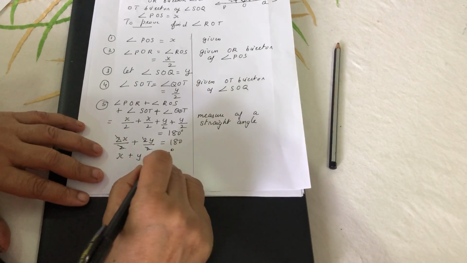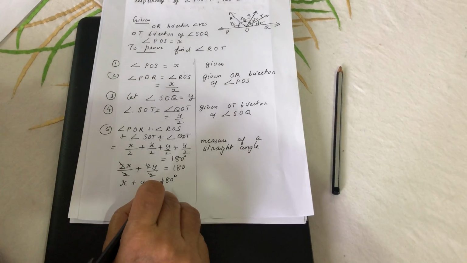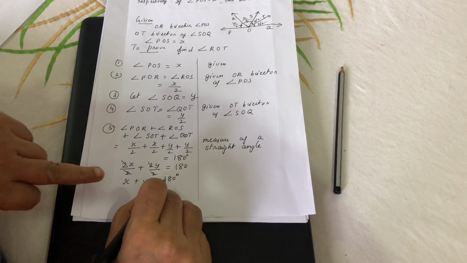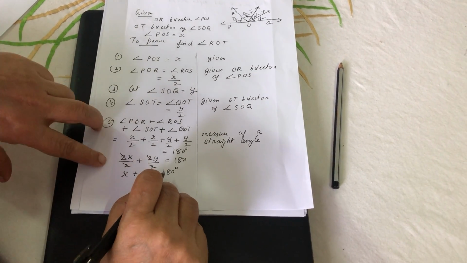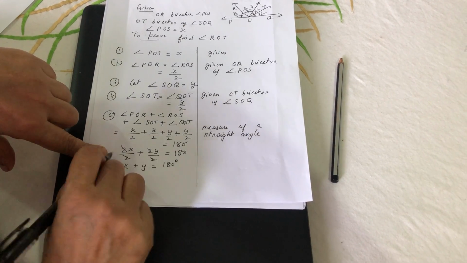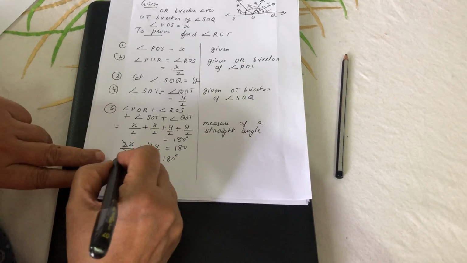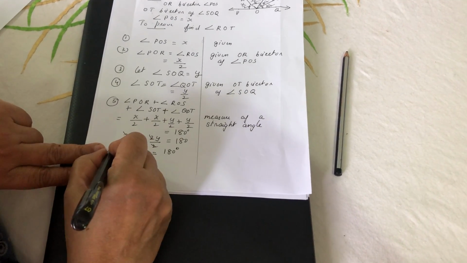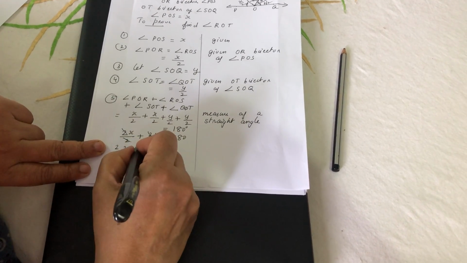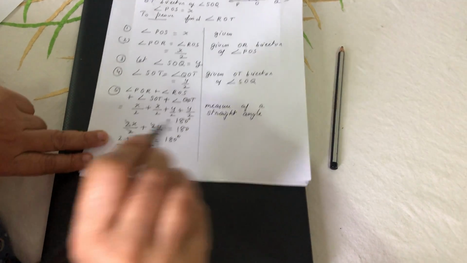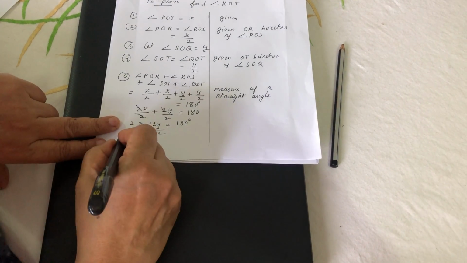Okay, then two ways are there. Otherwise you can take this 2 out. So when you take 2 out, it will become x by 2 plus y by 2. I'll do it that way. It is 2x by 2 and 2y by 2 equal to 180. I am taking 2 out.